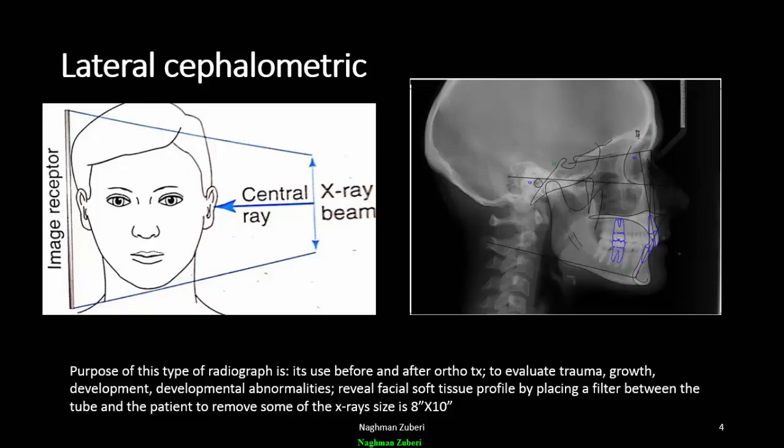It is also used to evaluate trauma, growth development, developmental abnormalities. It also reveals facial soft tissue profile by placing a filter between the tube and the patient to remove some of the X-rays. And size of this radiograph is 8 inches into 10 inches.